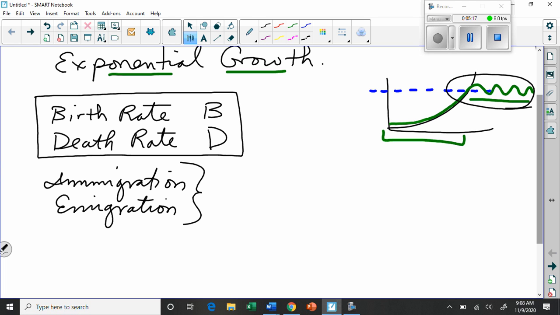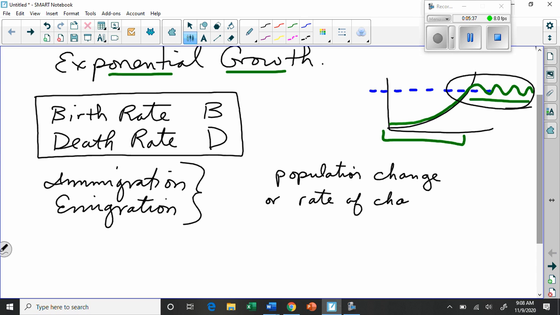And so a population change, or what we might call the rate of change, how fast it's changing, is described in calculus like this.